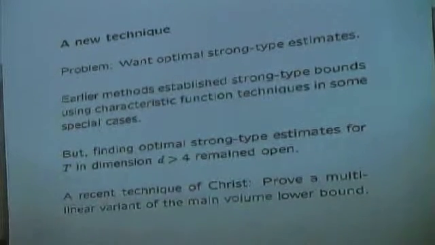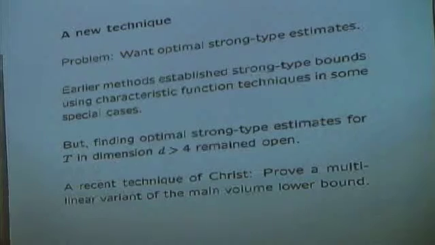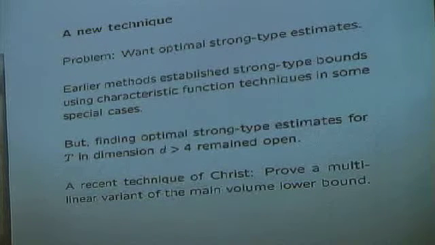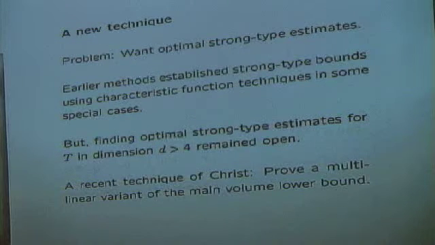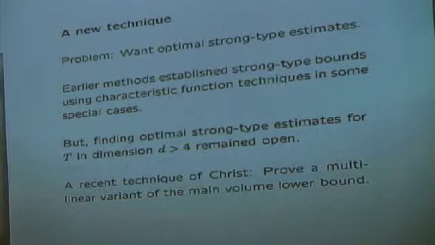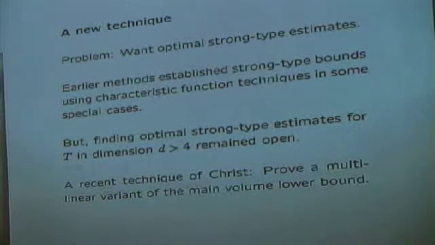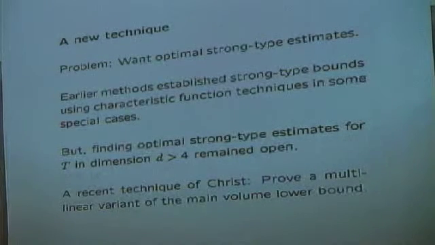There were some earlier methods for generalized Radon transforms which established strong type bounds using these characteristic function techniques. They worked in some specific cases, but they couldn't be completely generalized. For instance, for these one-dimensional transforms, they hadn't been used to obtain strong type endpoint bounds.